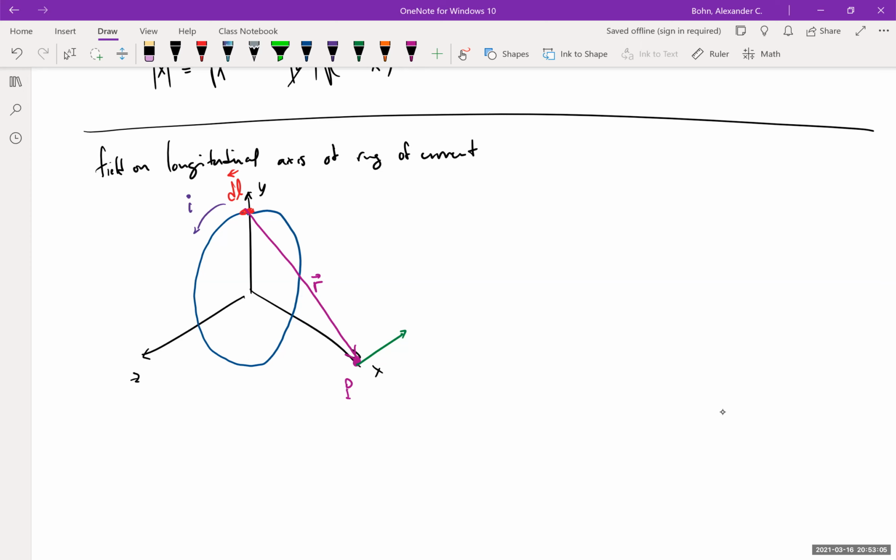I'm going to draw that with components. Running out of colors. Draw one in red. And as we consider all the different currents around the ring, those components will cancel. So I actually don't need that. But the components parallel to the x-axis, those will survive. So I'm going to label that Bx.